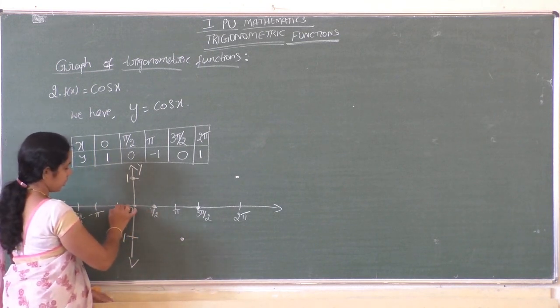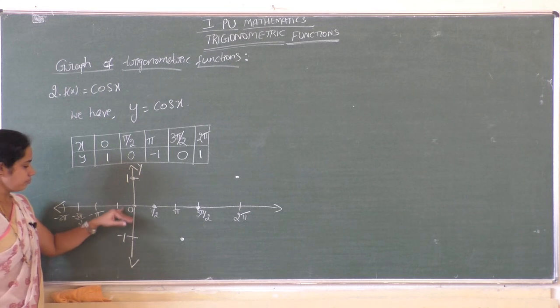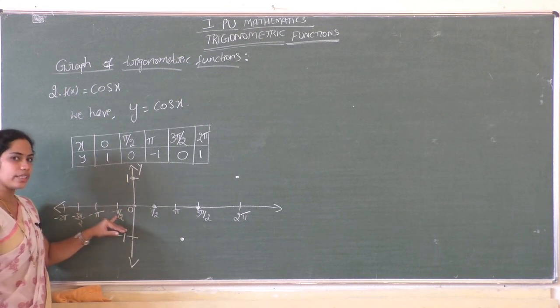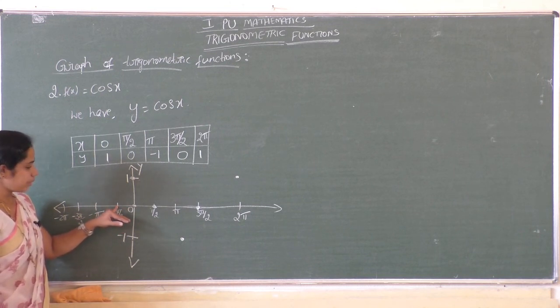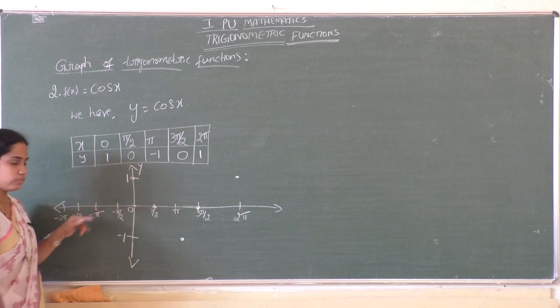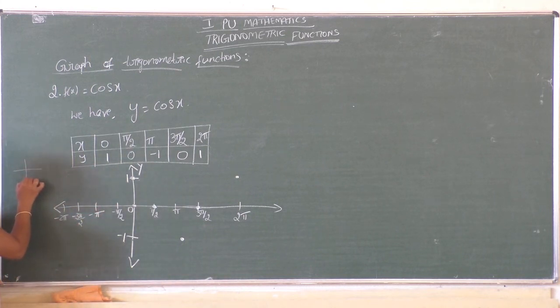Now minus pi by 2, what is the value here? Minus pi by 2 means negative. It comes here, 0 to minus pi by 2. So what is the value here? Cos of minus pi by 2.